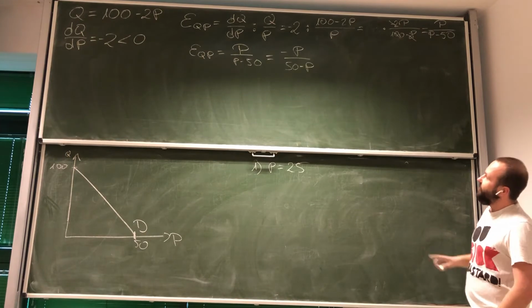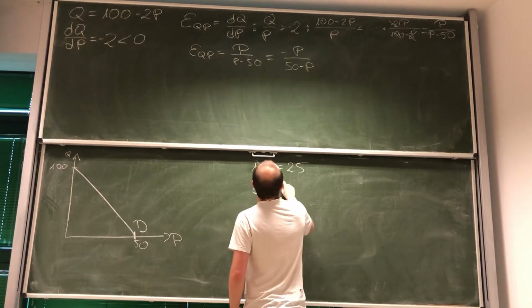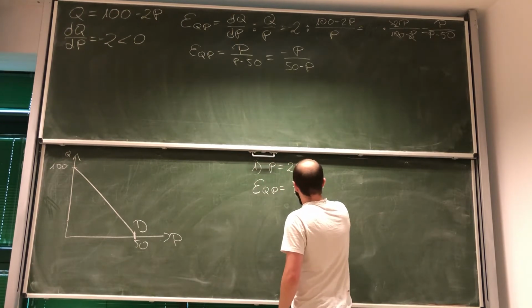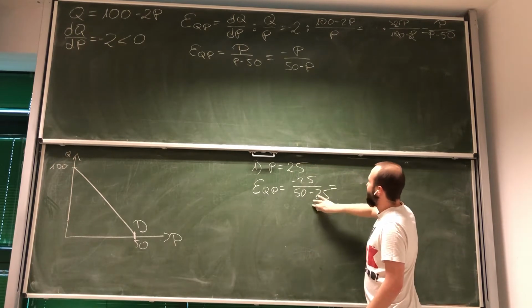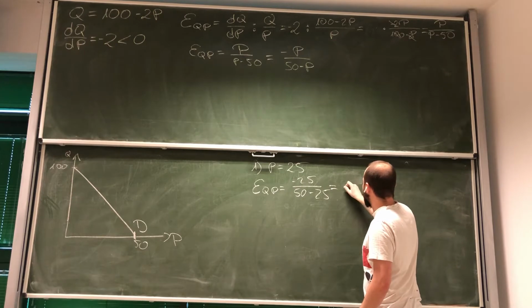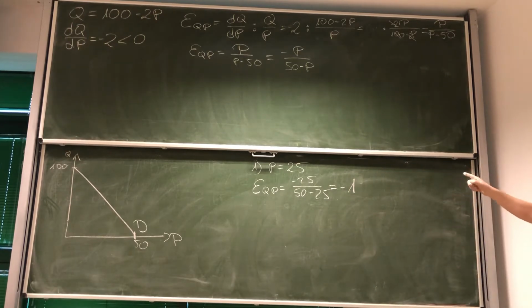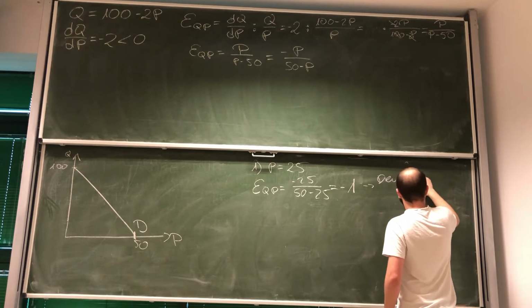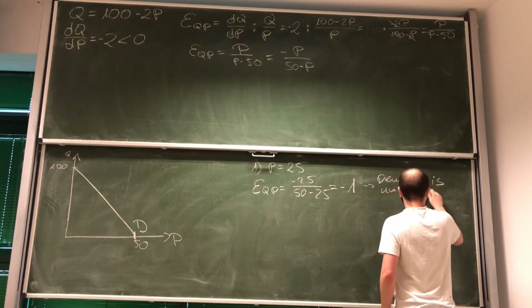If price is 25, then price elasticity of demand is equal to negative 25 over 50 minus 25, negative 25 divided by 25, which is equal to negative 1. So if price is exactly 25, we say that demand is unit elastic.